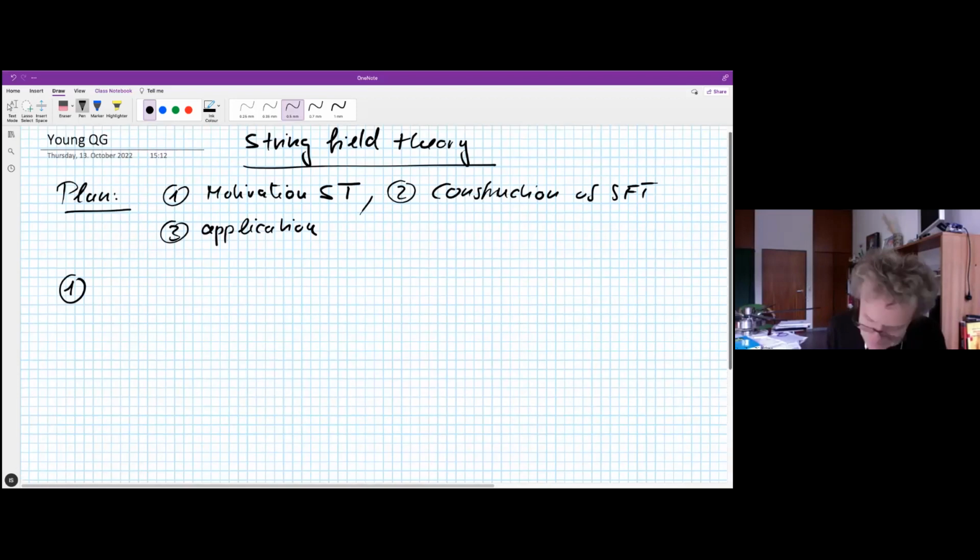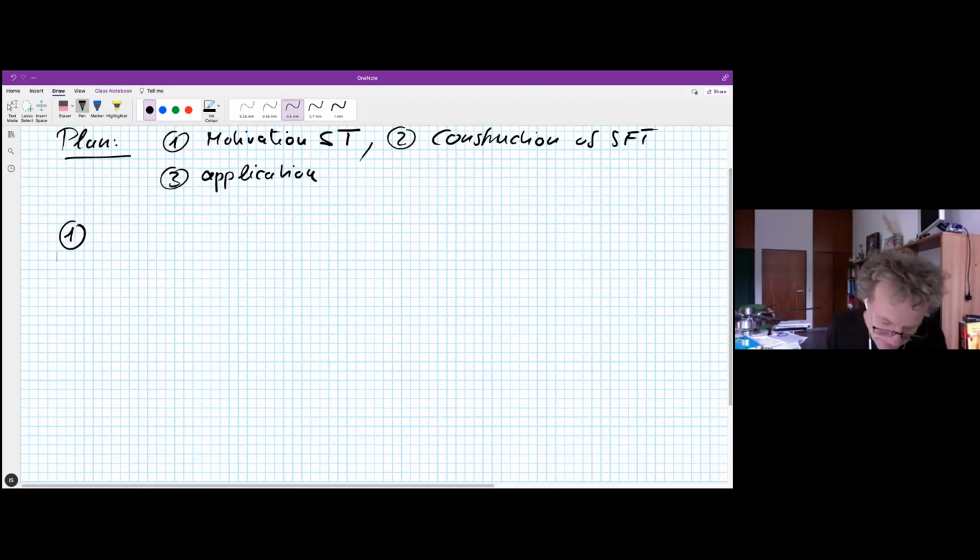I'm assuming no prior knowledge of string theory here, so I'll try to introduce everything from scratch. And perhaps for the motivation, let us consider a scattering of two scalar particles. Let me take them to be massless for simplicity, it doesn't need to be. But they interact through gravity.